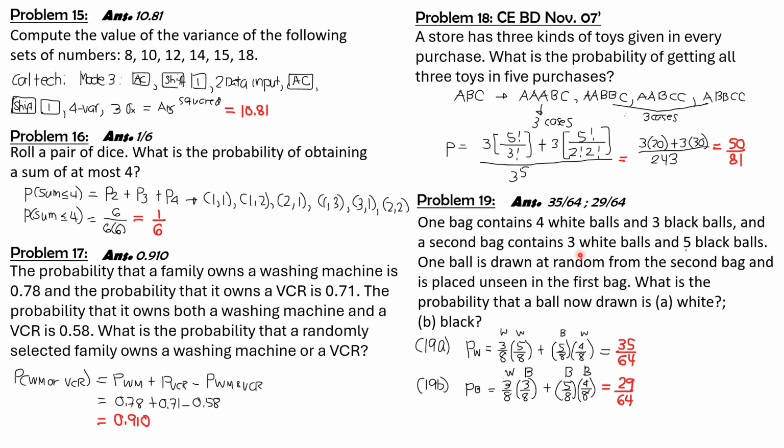probability that it is white, there are 3 white balls out of 8, so 3 over 8.